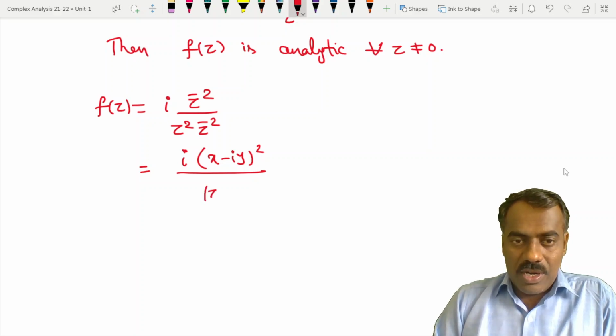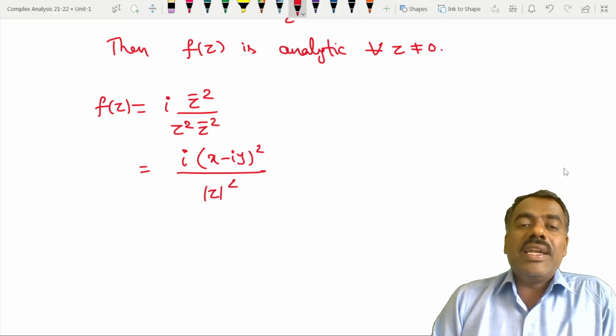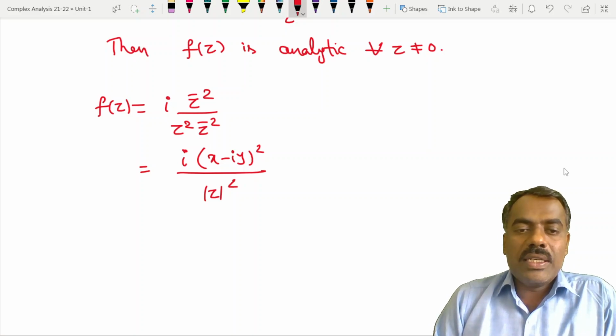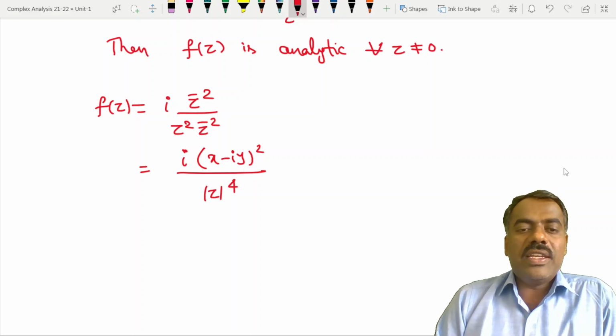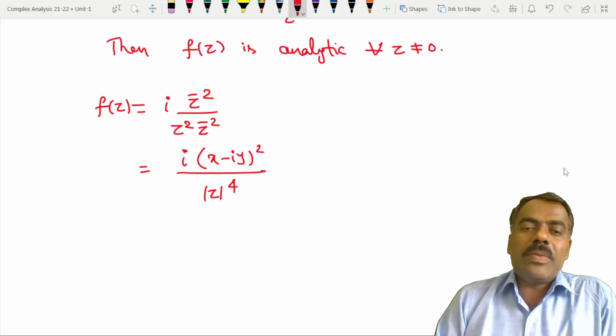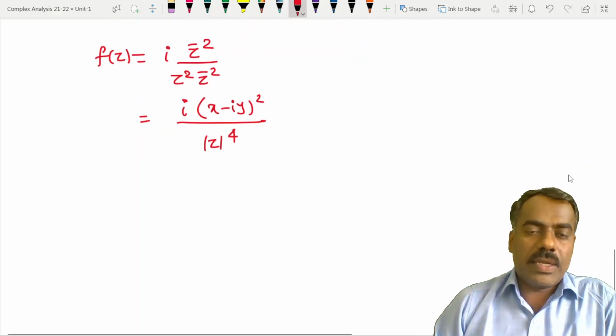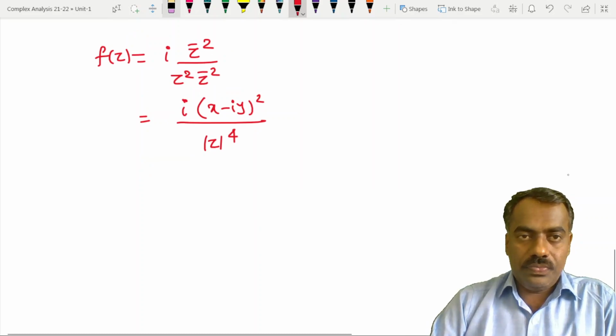This is mod z to the power 4, right? z into z bar is mod z square, so you will have the whole square. If you want, you can write it like that also; there is no problem.